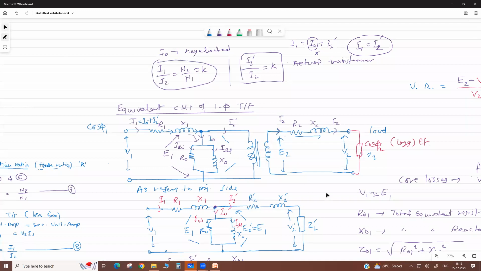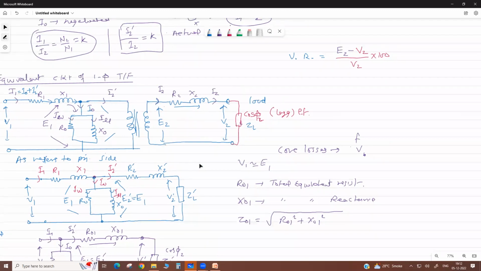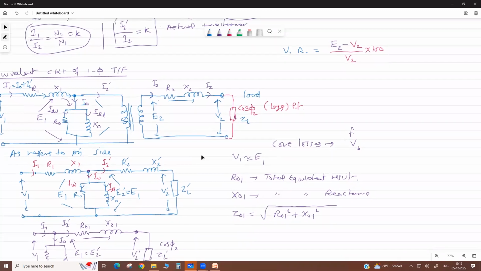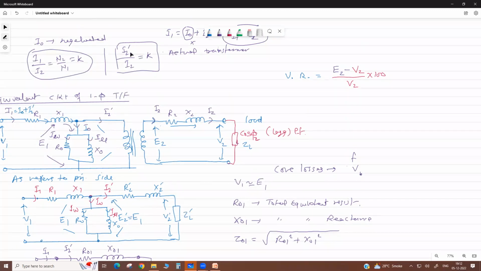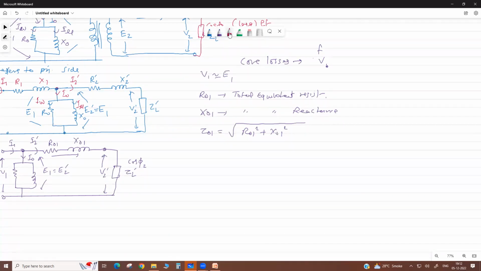So my dear, now you know, if I0 we neglect, then we can calculate I2 dash. I2 dash equals to KI2, correct?